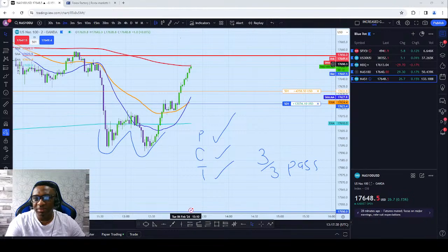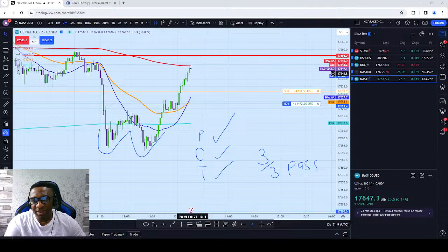So now price has hit the 200 moving average. It could be that it will hold up there for some time, pull back a little bit before pushing up, if it still wants to go up.